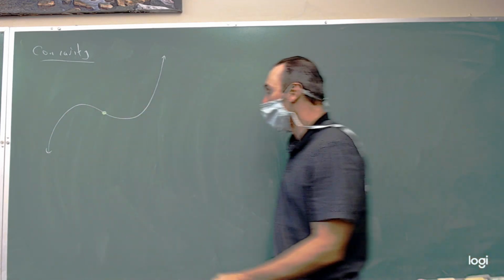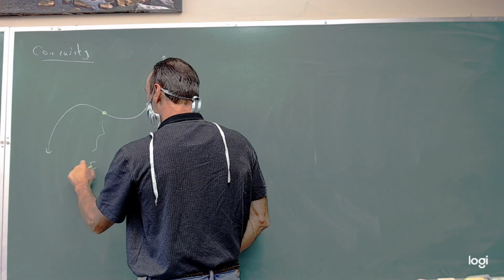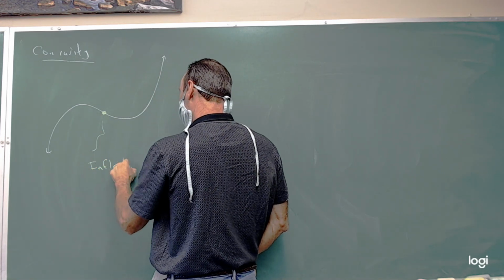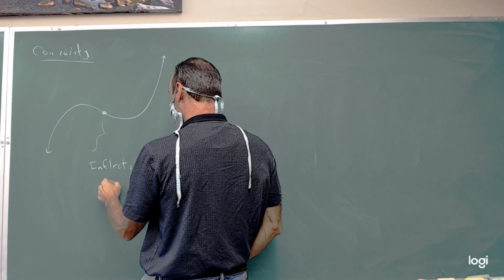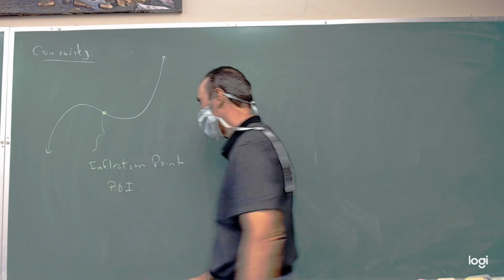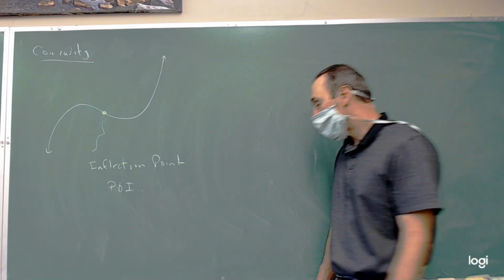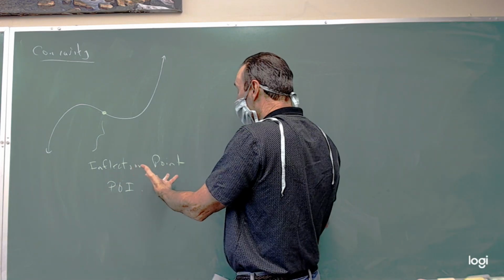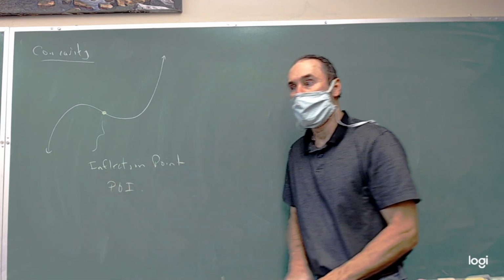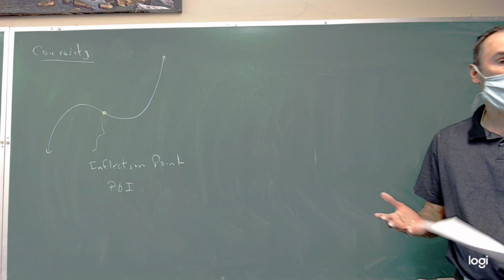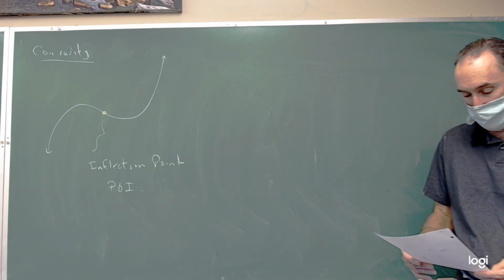That point we're going to call an inflection point. It's abbreviated, and I wasn't in the room when they decided that, they call it a POI most of the time. Even though they call it an inflection point, they abbreviate it as a point of inflection. That's where it's going to change from concave down to concave up or concave up to concave down.